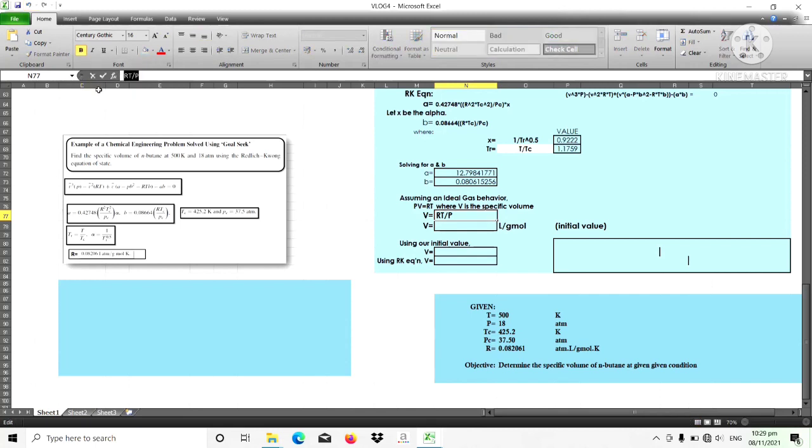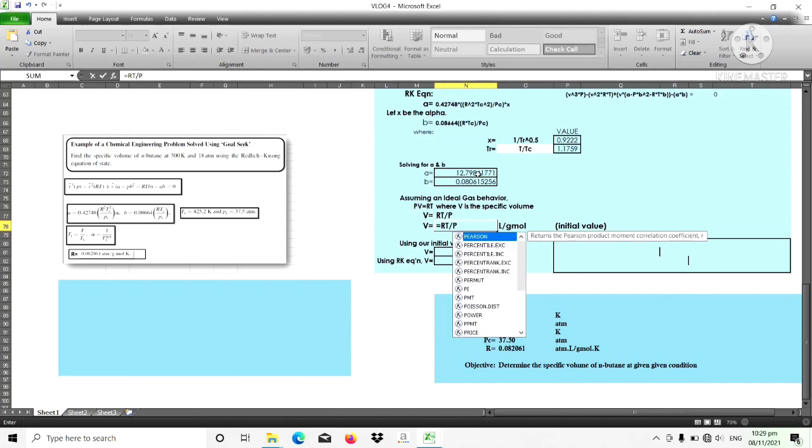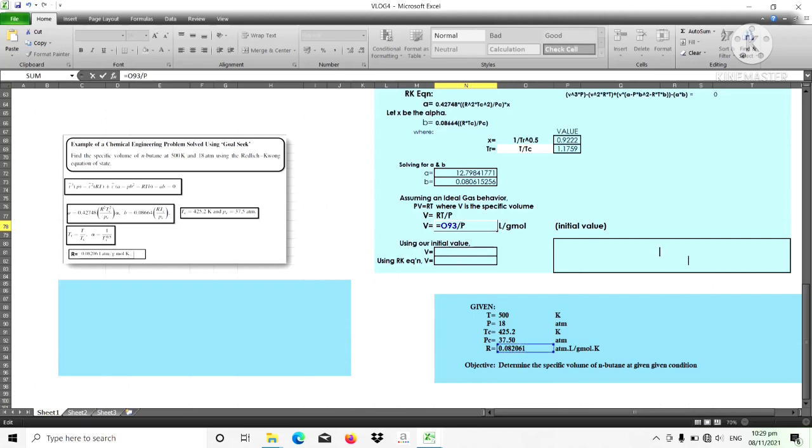So solving for V is equal to RT over P. Substituting the value for R, which is 0.082061, the temperature is 500 Kelvin, and the pressure is 18 atm.